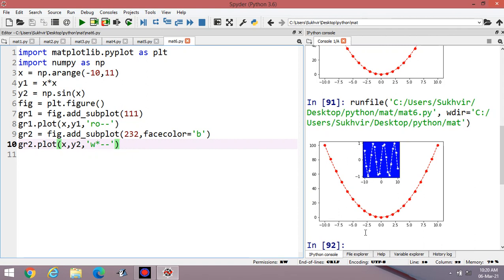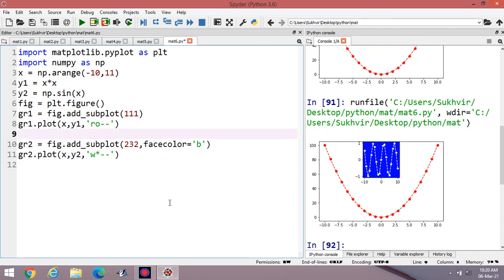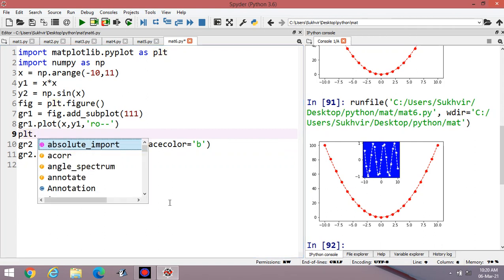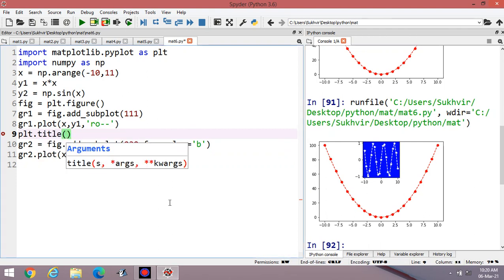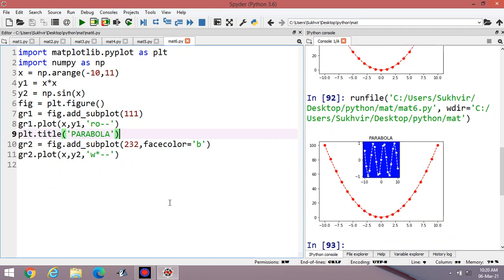Suppose I have to label both the graphs, then what to do? I can write here plt.title, and I can write here parabola like this one, then execute.